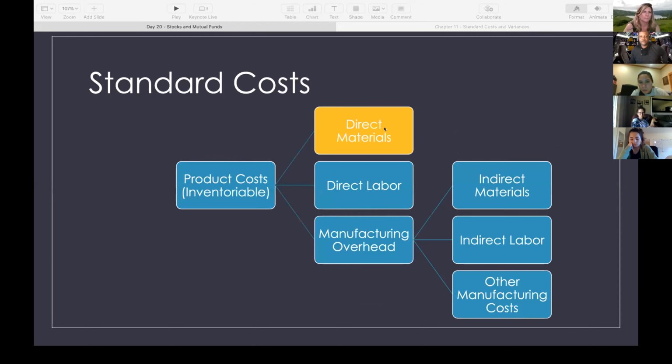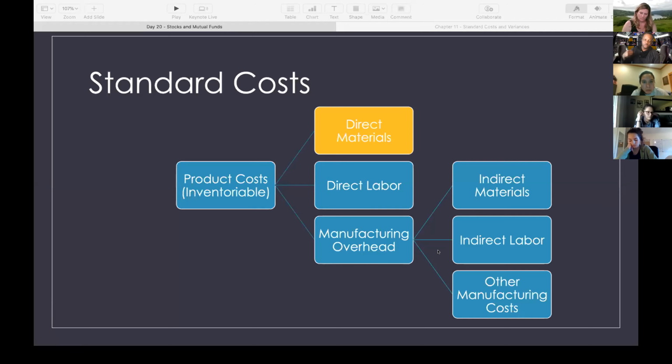I'll do a better example. So our product cost, you guys remember this, is made up of 3 things: direct materials, direct labor, and manufacturing overhead. And the manufacturing overhead is made up of 3 things: indirect materials, indirect labor, and other manufacturing costs.